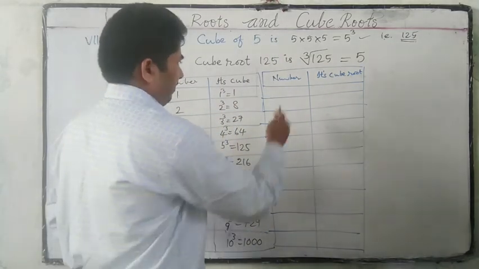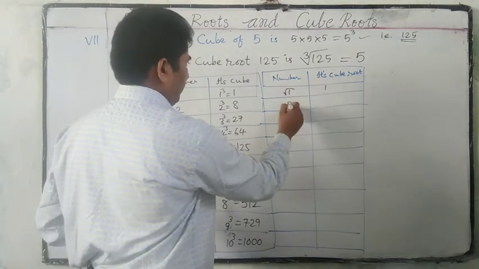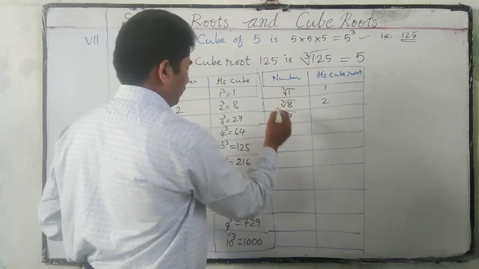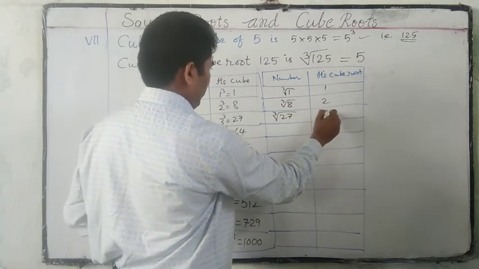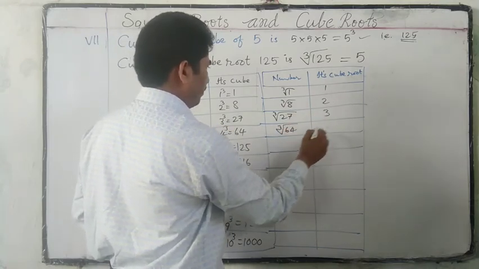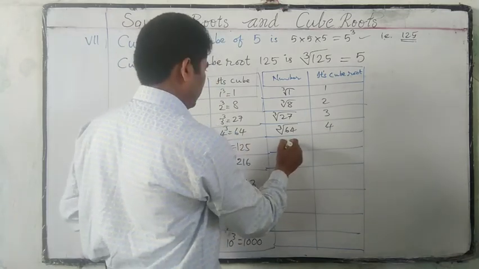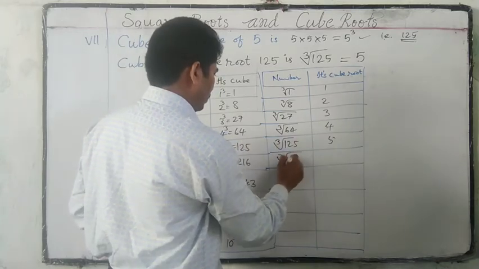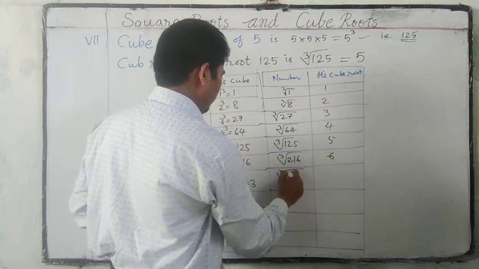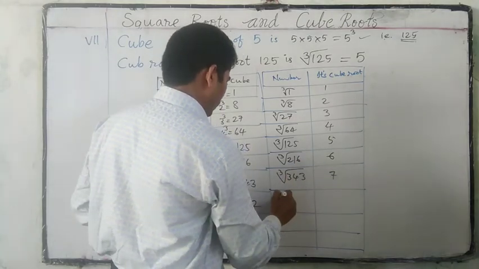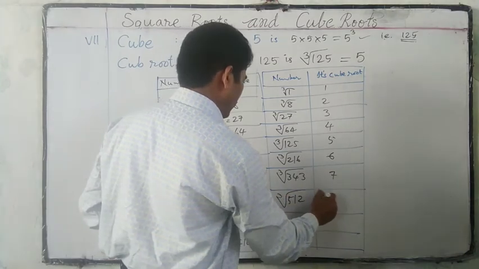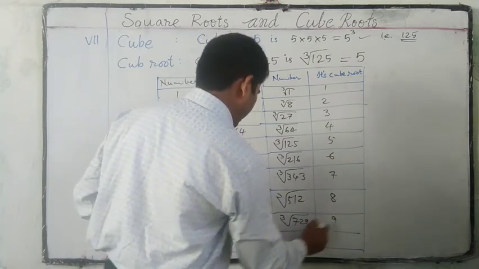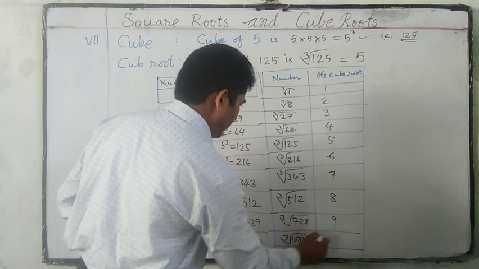So cube root of 1 is 1, cube root of 8 is 2, cube root of 27 is 3, cube root of 64 is 4, cube root of 125 is 5, cube root of 216 is 6, cube root of 343 is 7, cube root of 512 is 8, cube root of 729 is 9, cube root of 1000 is 10.